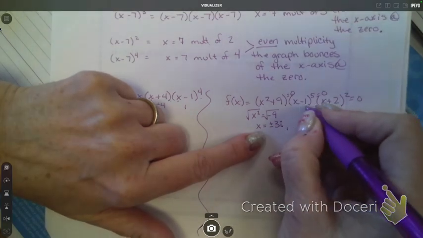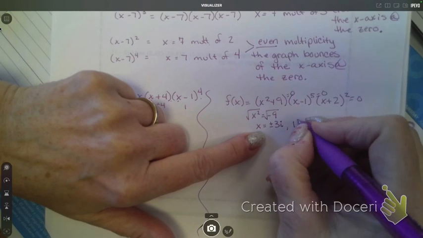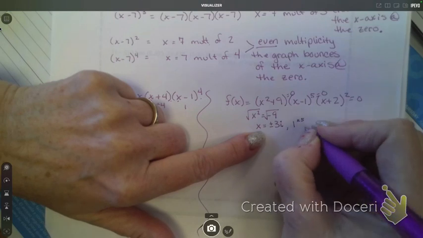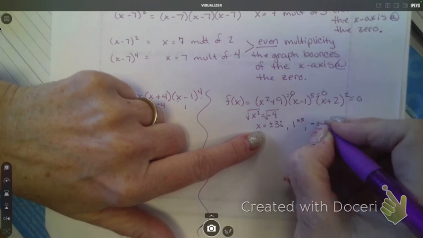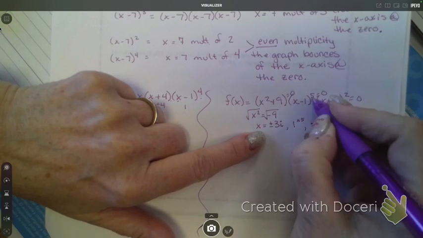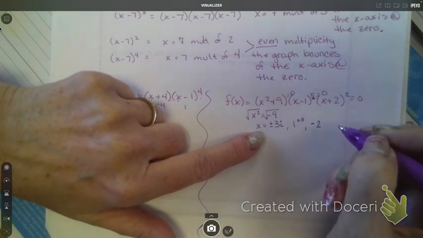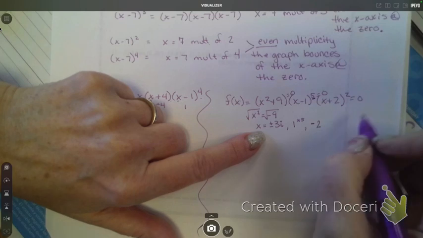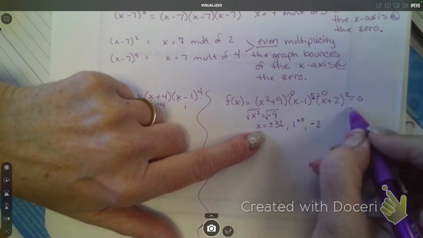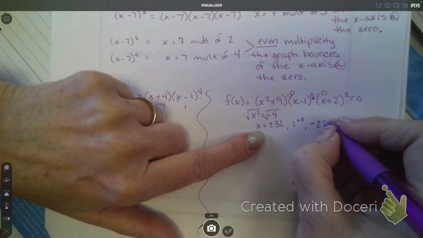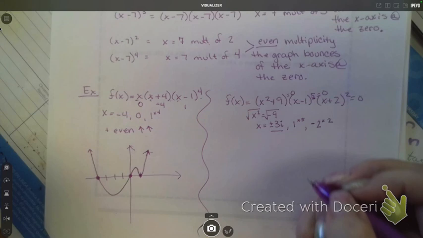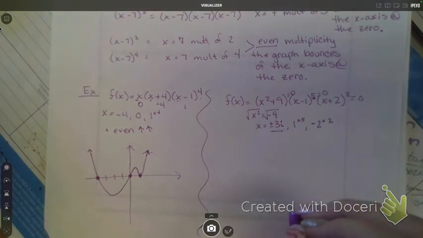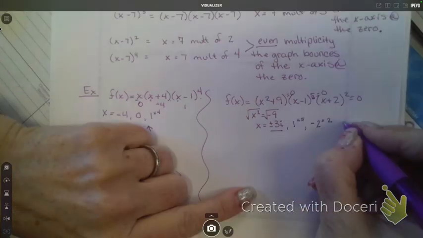Okay? So then this is going to be 1 with a multiplicity of 5. And this is going to be -2. How's it 5? Because the degree is 5. Okay? This is -2 because you have to subtract it over, yes? With a multiplicity of 2. Okay, do we graph positive and negative 3i? No. So these are zeros.